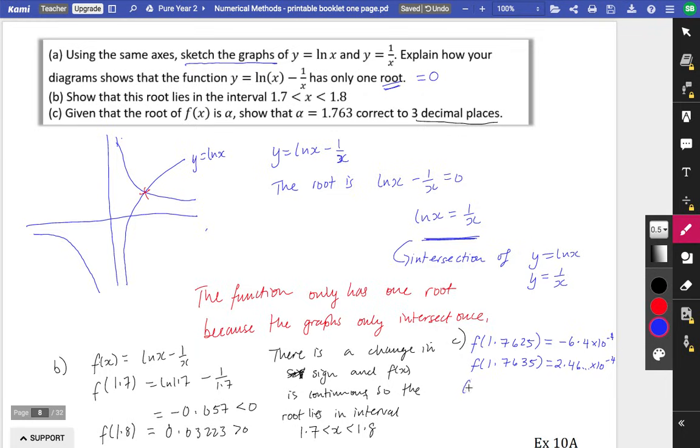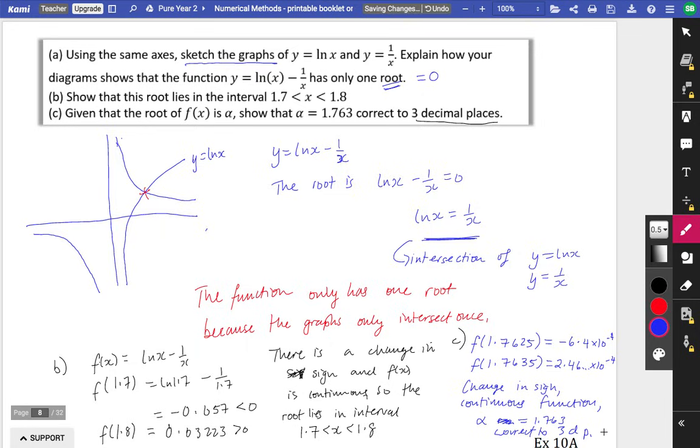So again, change in sign, continuous function, and so we get alpha equals 1.763, correct to 3 decimal places.